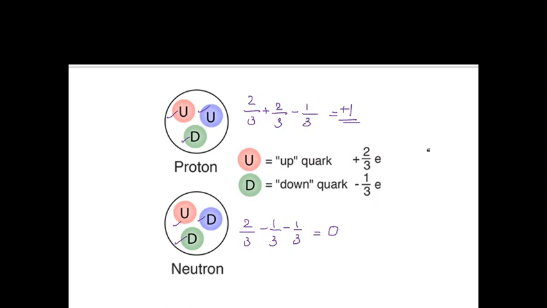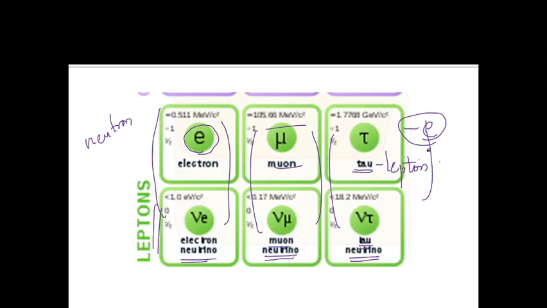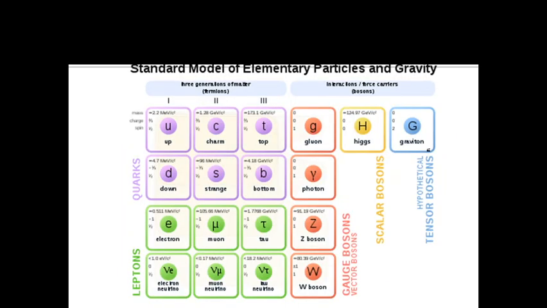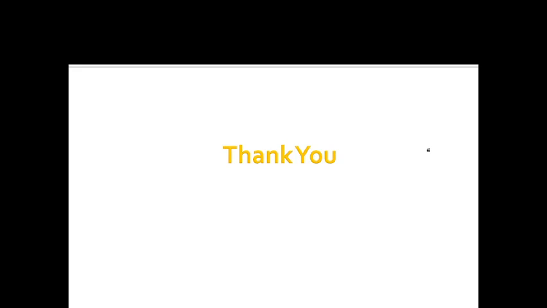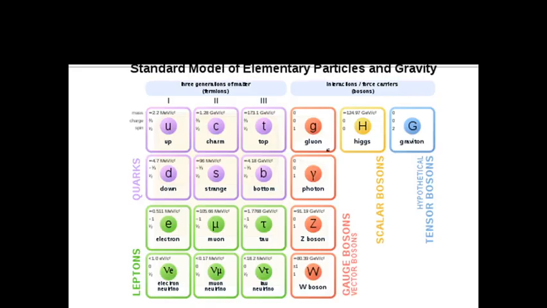You know about various different forces that exist between particles, right? The gravitational force, the electromagnetic force, the strong and weak nuclear forces, etc. So there are also other particles called bosons that are associated with these interactions. For example, you might have heard about the particle called photon.